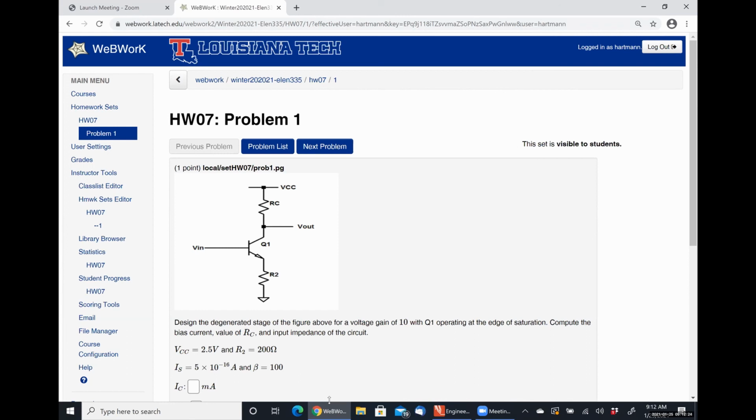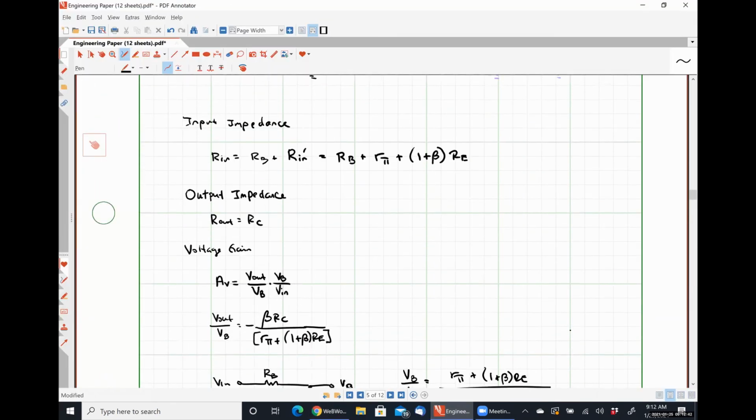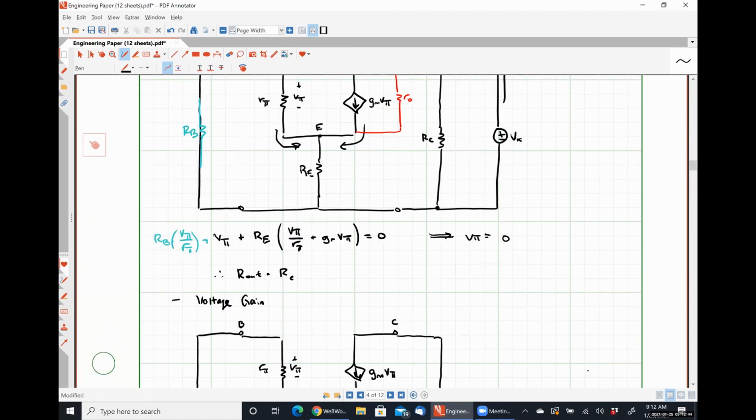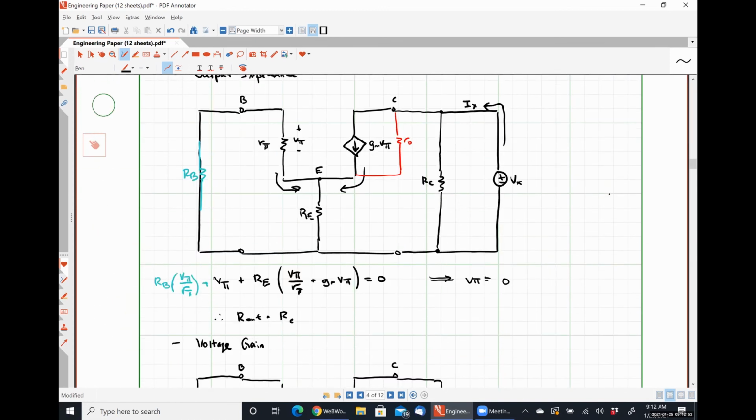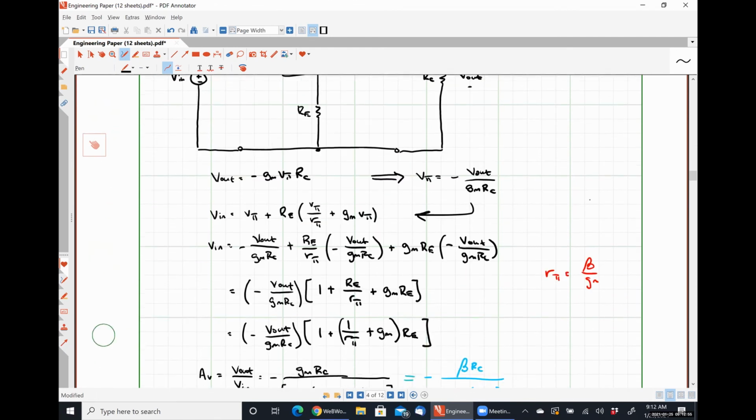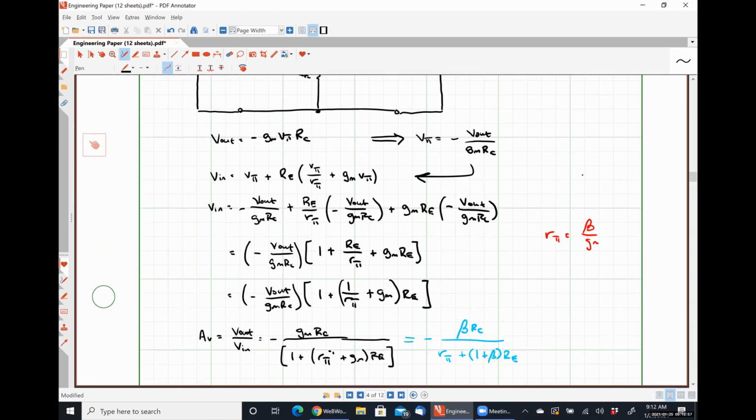For this particular circuit, since it's at the edge of saturation, we can easily say that we're neglecting the Early effect, and we didn't cover Early effect with degeneration. If we look back here, that circuit looks like this circuit, right? So we have multiple different representations, all well-defined for what the voltage gain is supposed to be.